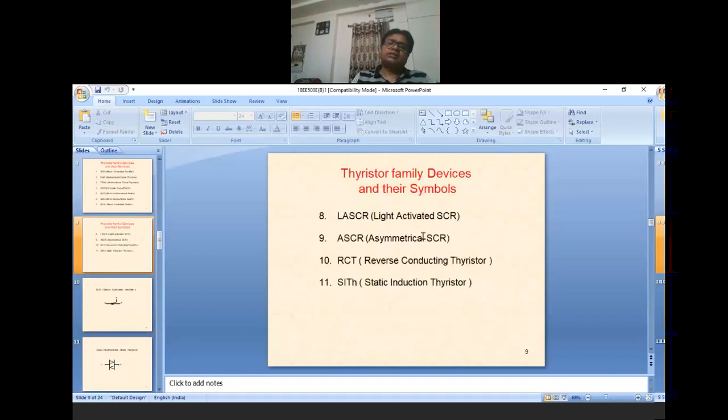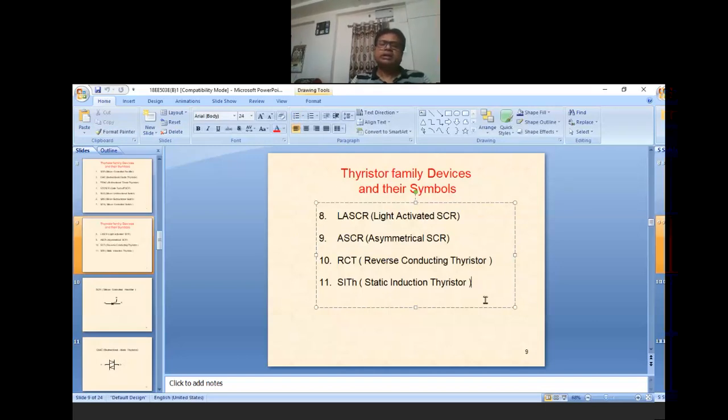Apart from these thyristor family devices, there are many more power electronic devices which are extensively used nowadays, but depending on their operation, they are not categorized as thyristor family devices because their working is slightly different, and they act similar to transistors.